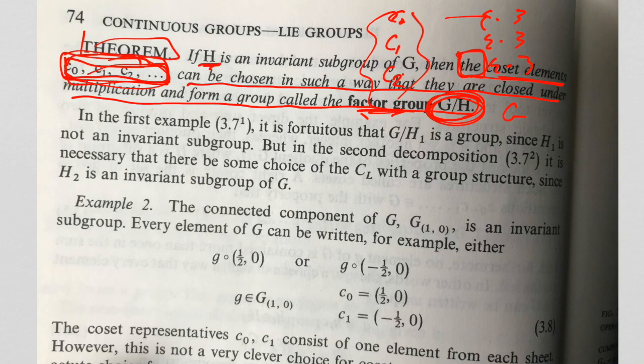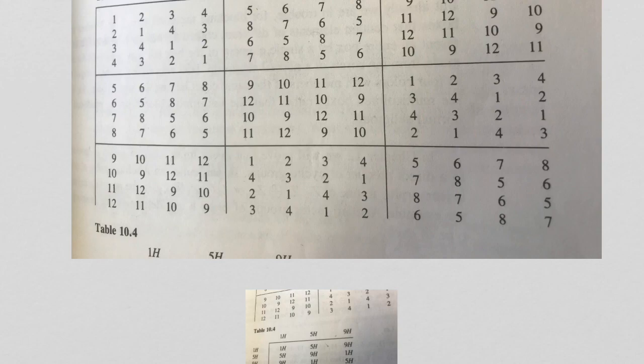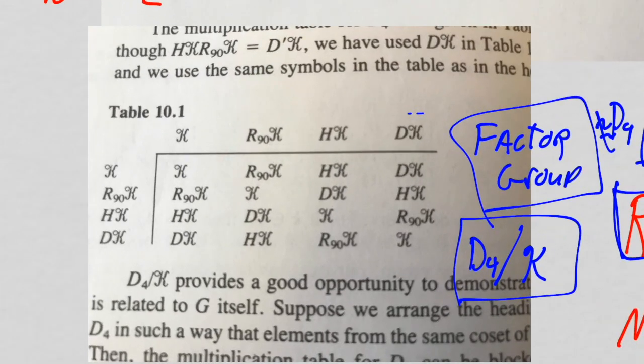In fact, you can go back to the dihedral group here to see that you cannot choose a representative of these groups to form a group. R90 times R90 is R180. So if I put in R90 as the coset representative here, in order to form a group with R90, well, R90 times itself is R180, so I would need R180 in it.